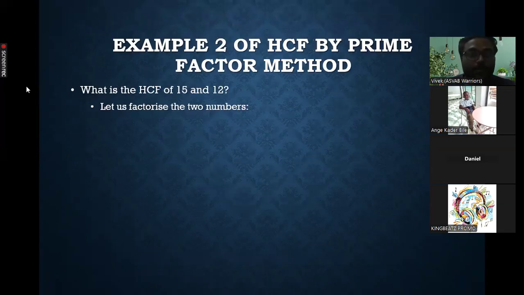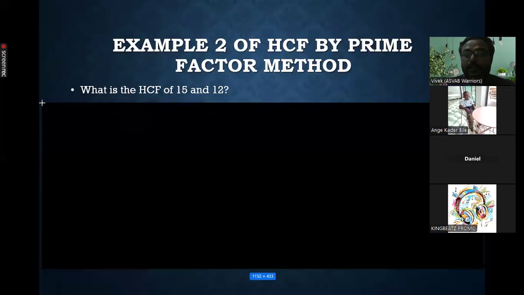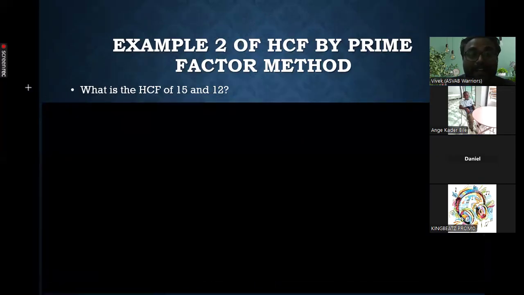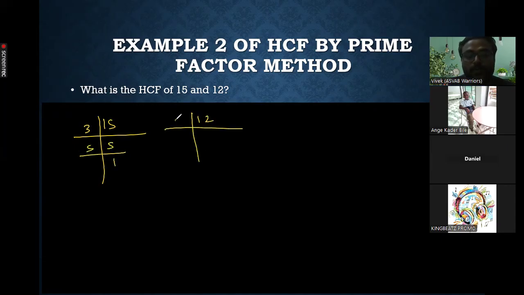Now here, I'm going to find the prime factorization. Let's say I'm going to find the highest common factor between 15 and 12. So 15, what do I get? 15 divided by 3 is 5. 5 divided by 5 is 1. I'll put the 12 over here. 12 divided by 2 is 6. 6 divided by 2 is 3. 3 divided by 3 is 1.